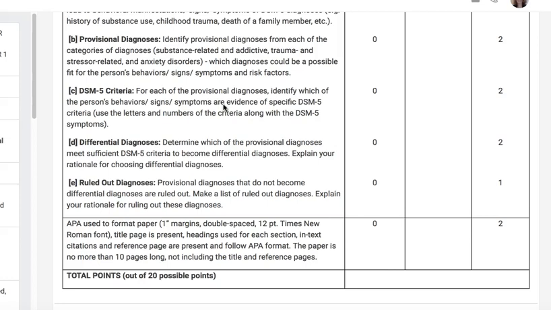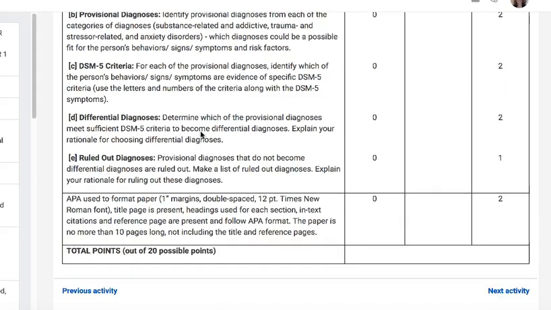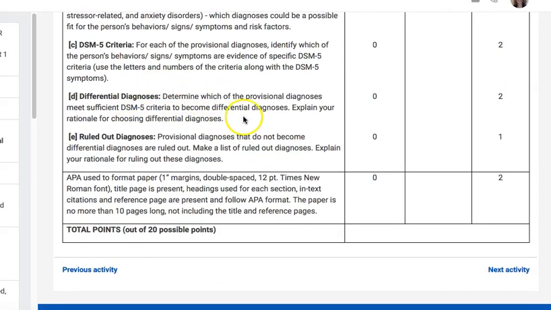Okay? So you might legitimately have 2 or 3, 4 or 5 diagnoses here that provisionally you think are possible. But then when you start looking at the signs and symptoms, you might find that there's really only 2 or 3 maybe that the person has some symptoms of, but they need enough symptoms to meet the criteria. And then that diagnosis would become a differential diagnosis.